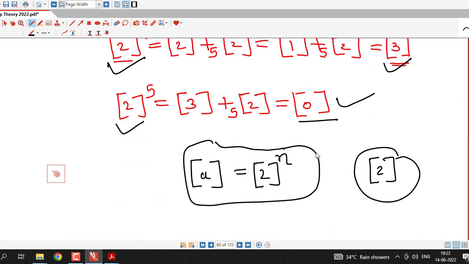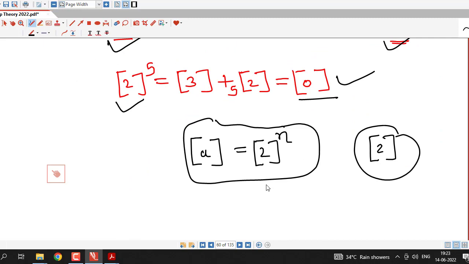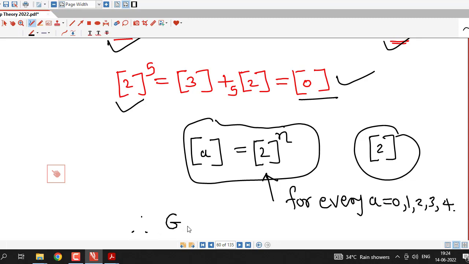And if you are taking 2, then you can write it in this way. Every element can be written as some fixed power of 2 for every a equal to 0, 1, 2, 3 and 4. Therefore, G with addition modulo 5 is cyclic.